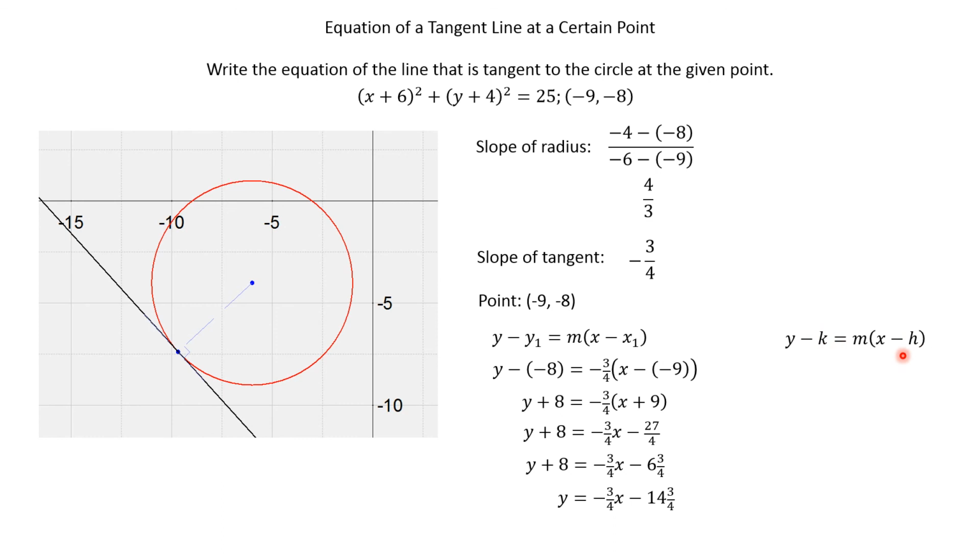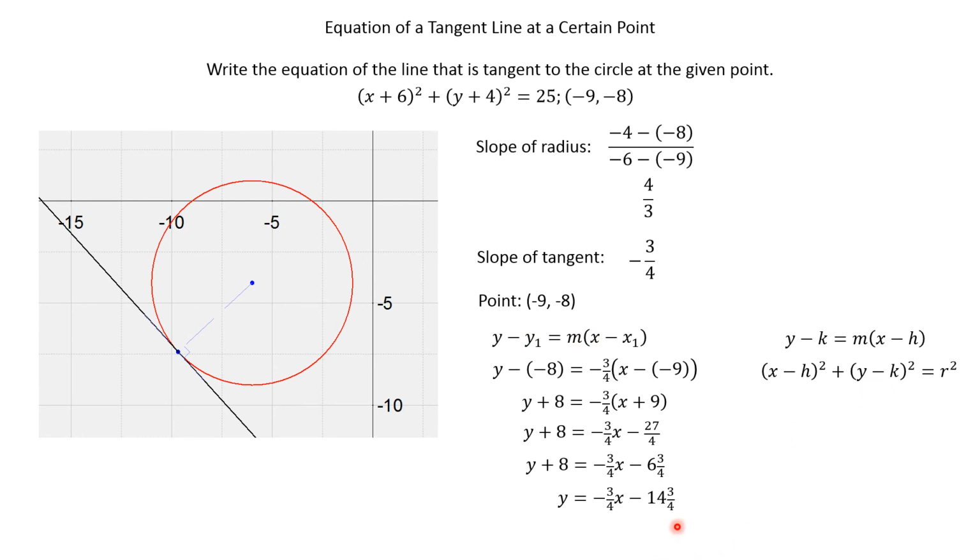We have y minus k and x minus h, which, if we remember the equation of the circle, x minus h and y minus k, we're going to see this with every conic section that we're doing, because it's been the same. We just have always added the k over. So anyway, this isn't necessary right now. Since we were working with this though, I just wanted to point that out to you.